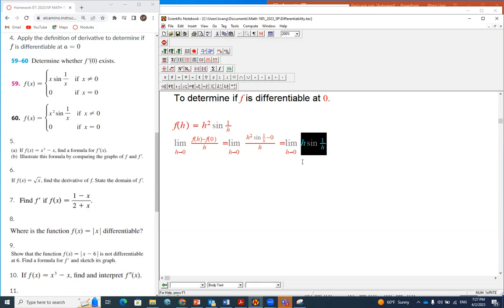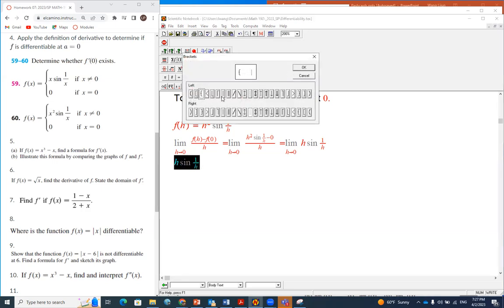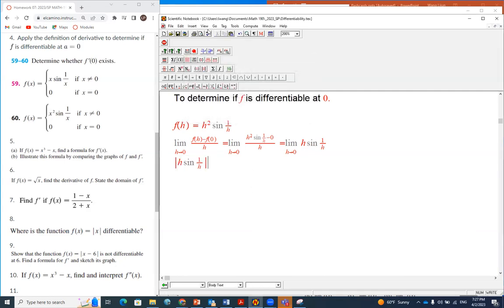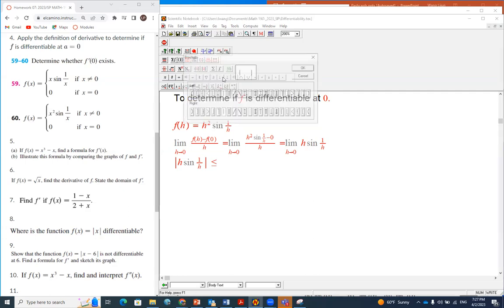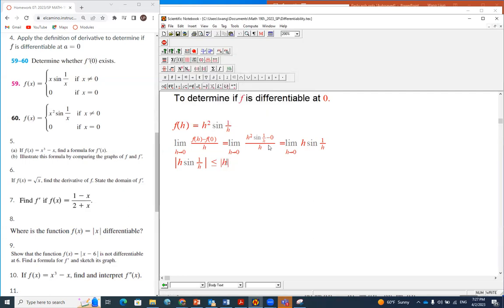We take the absolute value of this function, and that's going to be less than or equal to the absolute value of h multiplied by the absolute value of sine of 1 over h. Sine of anything is always less than or equal to 1. So we're left with the absolute value of h.